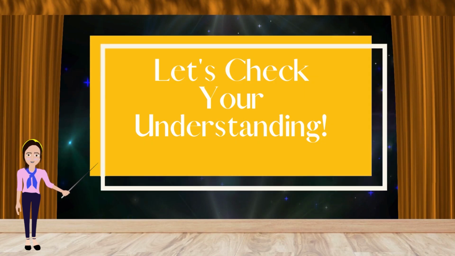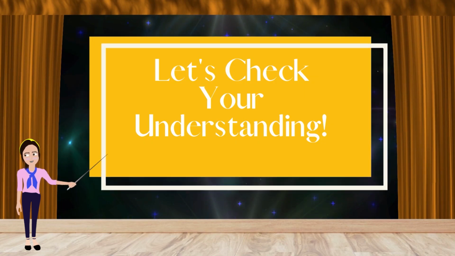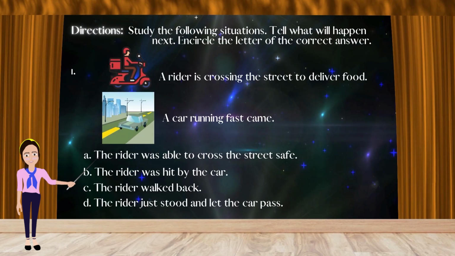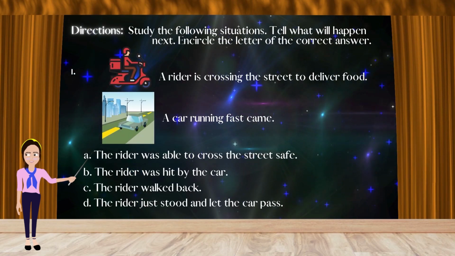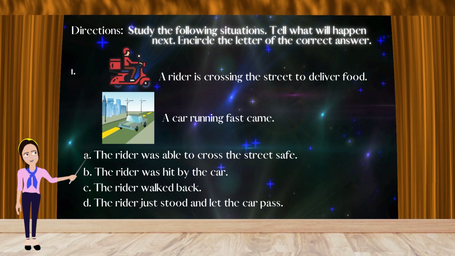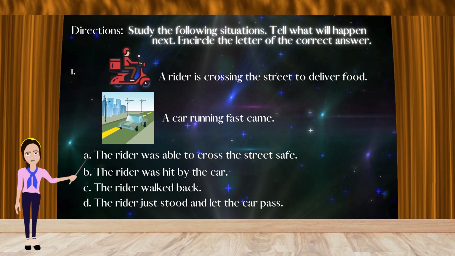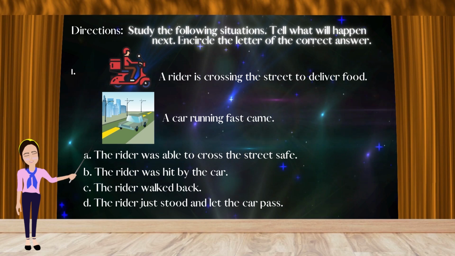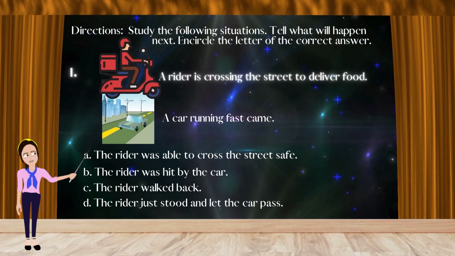And to check your understanding, we will try to answer the last activity. Directions. Study the following situations. Tell what will happen next. And circle the letter of the correct answer. Number 1.